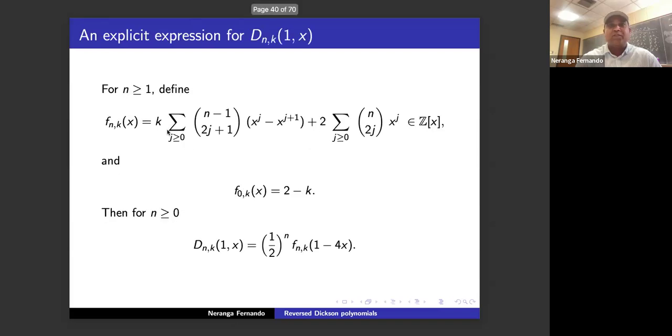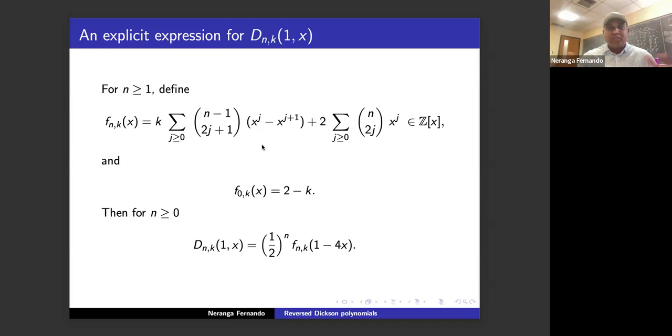And so what was the motivation behind classifying the self-reciprocal polynomials from reverse Dickson polynomials? When I worked on the k plus one kind, there were some papers on the first kind, second kind, third kind, and the fourth kind. In each one of those papers, they wrote the reverse Dickson polynomial in terms of this polynomial f, and then they used the self-reciprocal property of the polynomial f to explain the permutation behavior of the reverse Dickson polynomial.